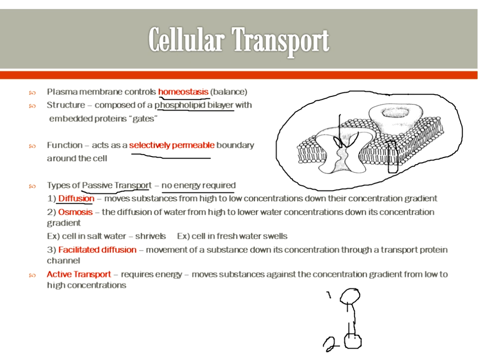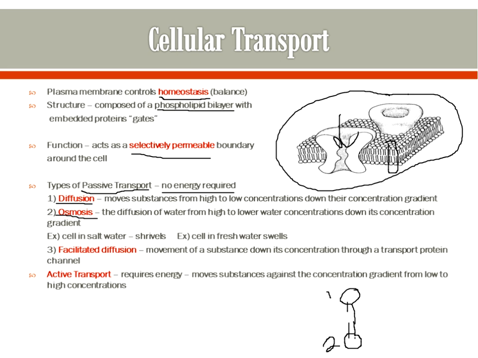Diffusion is one of those examples. Substances move from a high to low concentration, along their gradient. A perfect example of diffusion is when you spray cologne or perfume. It diffuses out from a high concentration to a lower concentration. So when you think diffusion, think like spraying cologne or perfume.